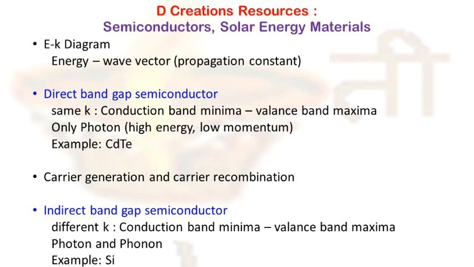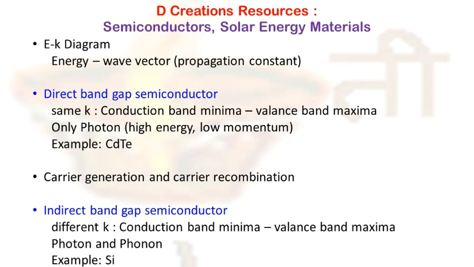Now a photon, as we know, is a particle of high energy and low momentum. So the electronic transition in a direct band gap semiconductor is almost vertical on an EK diagram, because the maxima and minima occur at the same value of k.